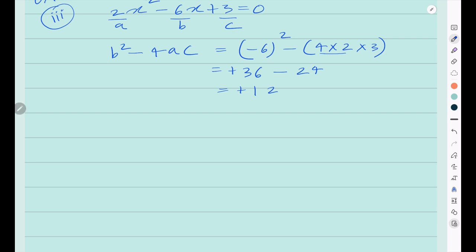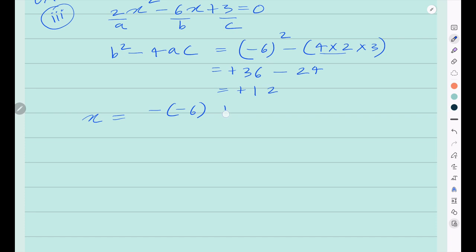And then if it has a real root, find the roots. So let us find the root. So x will be equal to minus b. There are two minuses, so we should not miss any one of them.